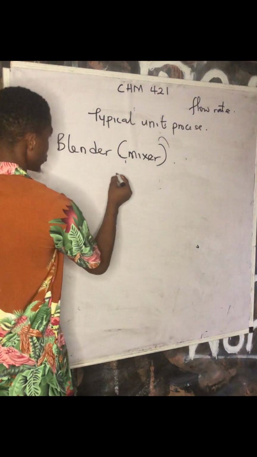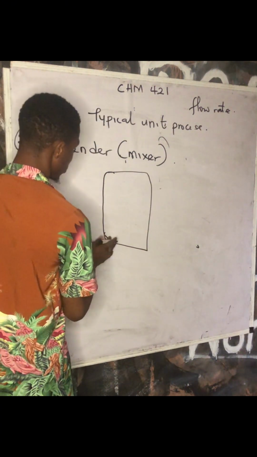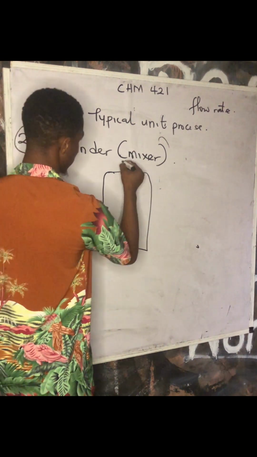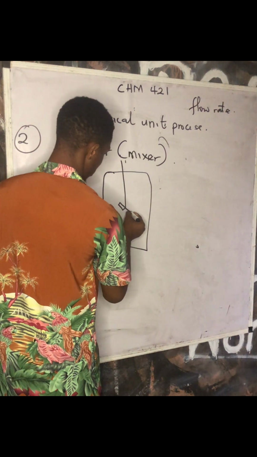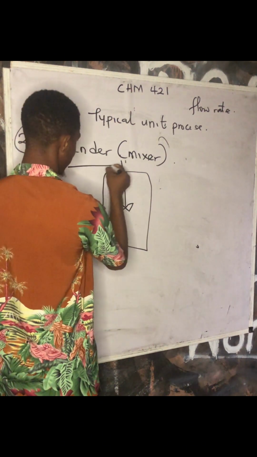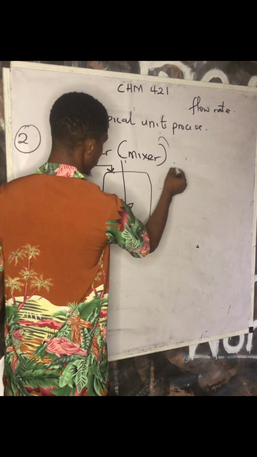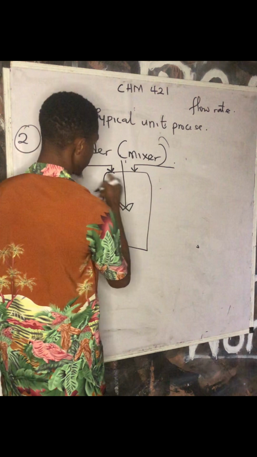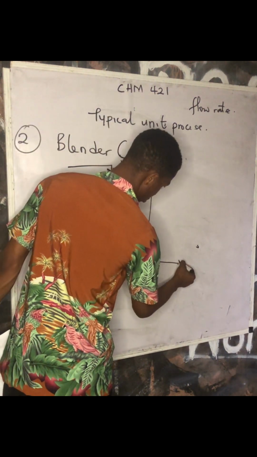Here is a drawing to guide you. You can draw anything you like, but make sure that it makes sense. This is what I usually draw as a mixer, a rotating thing. Make sure your arrow always shows that it's going in, then out.